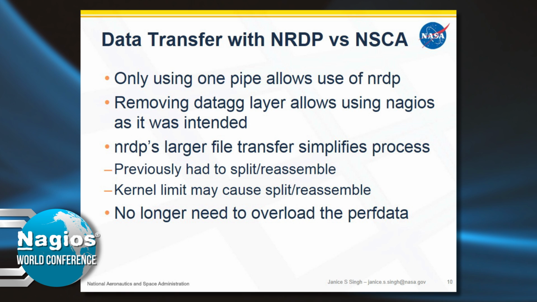It's basically in a variable equals value format, and it can be used for graphing, and Nagios collects that data and you can do metrics with it. Well, we actually can't because that is overloaded with information sent. So now we can clean that up and in the future be able to use that feature of Nagios.